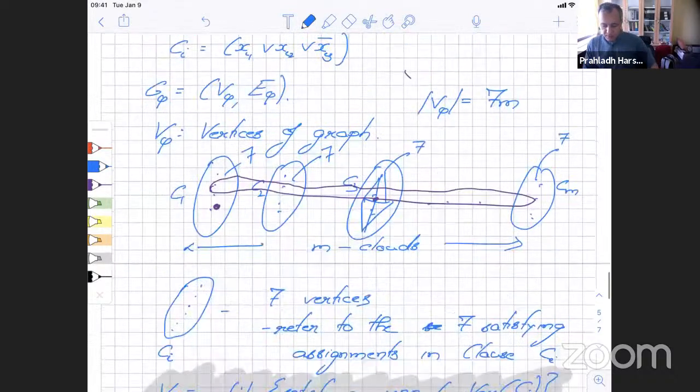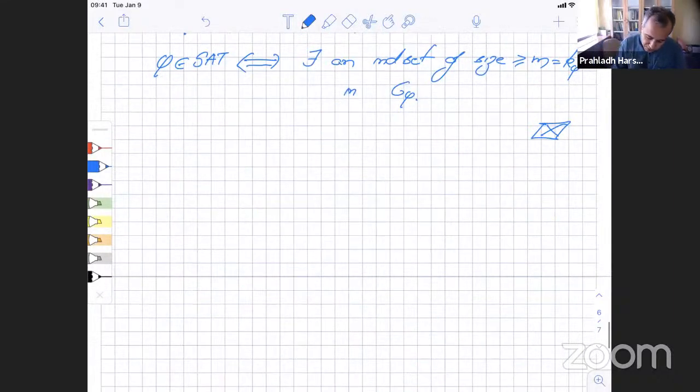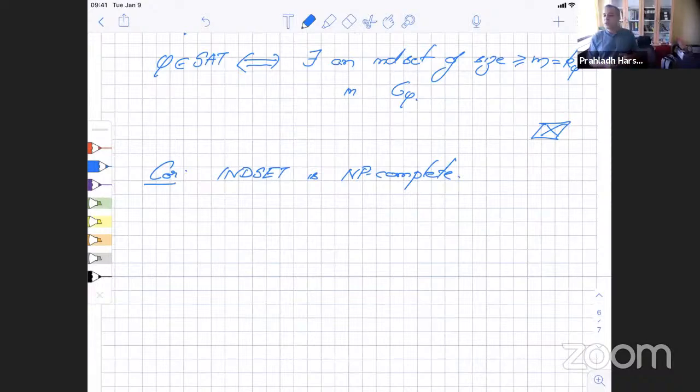Okay. So an immediate corollary of this is the fact that independent set is NP complete. These two examples, both integer programming and independent set, primarily demonstrate that it's the simplicity of SAT, the fact that it has clauses with just three variables per clause, that lends itself to doing these reductions to other problems.